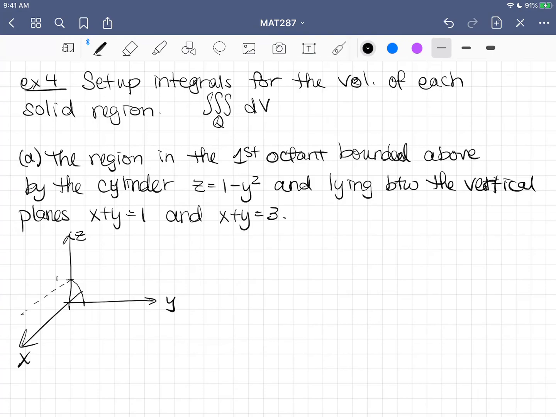So it's this parabola, z equals 1 minus y squared, that's been stretched out over the x-axis here. All right, and then we want to bound it by the planes x plus y equals 1 and x plus y equals 3.